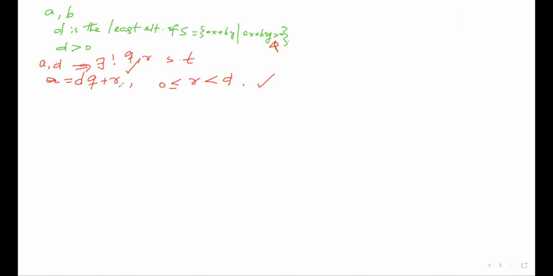The number is completely divisible, that will mean that D divides A. If I can prove that R equals 0, that would mean that D, the smallest element here, divides A. Similarly, I can find that D divides B. So D is a common divisor, and then it is very easy to prove that it's the biggest one.